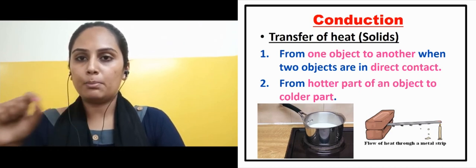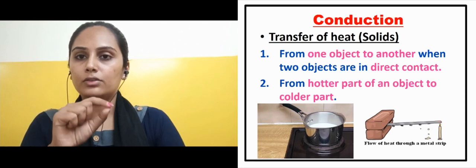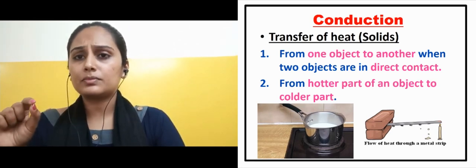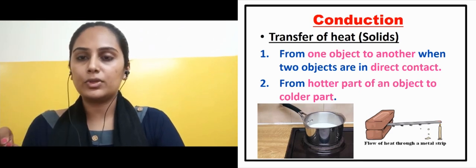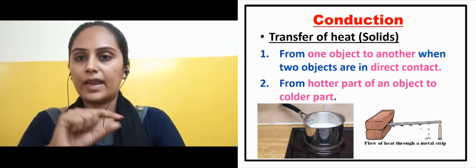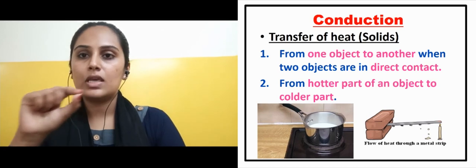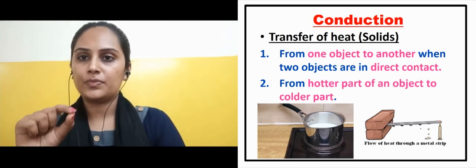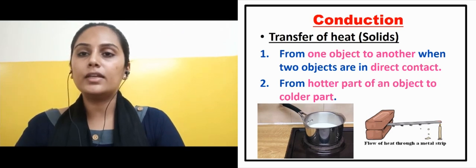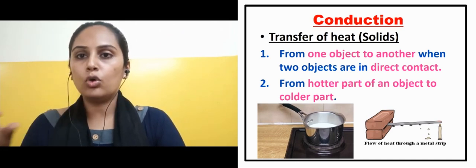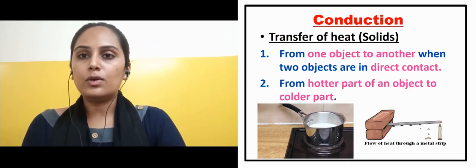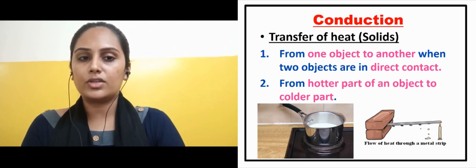On the metal rod, at some distance they have put some wax. As soon as that candle burns, what happens? First wax point will start melting, then second one, then third one, and it goes on, and gradually the whole metal rod gets heated.